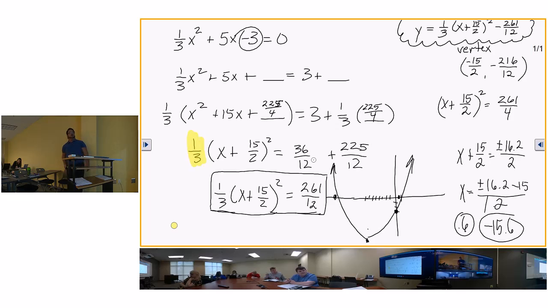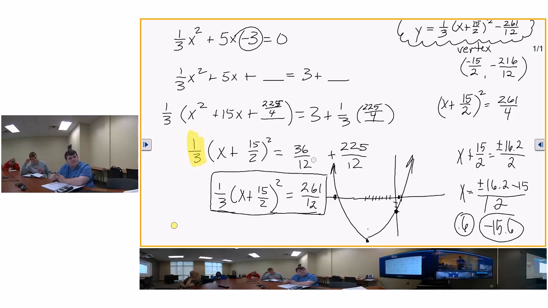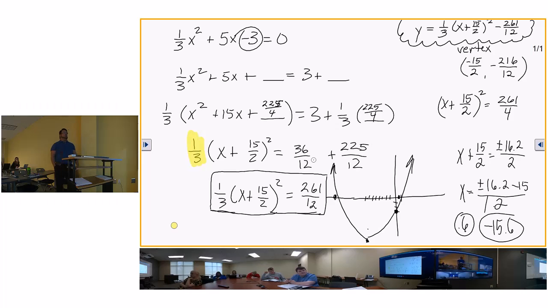What's the range? -18 to infinity. Good. Somebody paid attention. What's decreasing? -infinity to 15 halves. What's increasing? Well, we'll take off from 15 halves and go to positive infinity. Good, class.